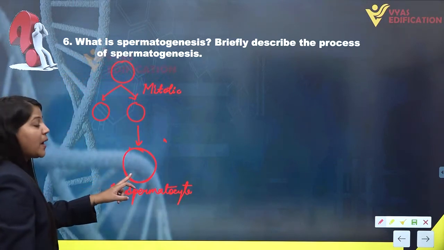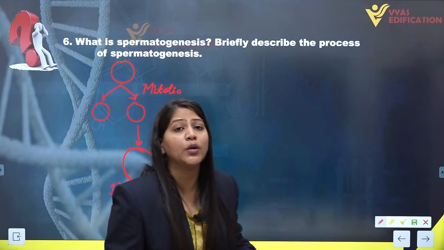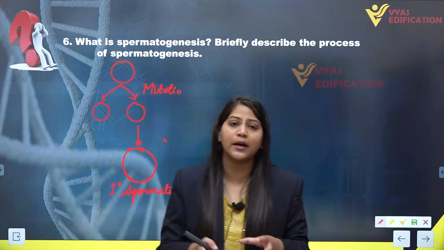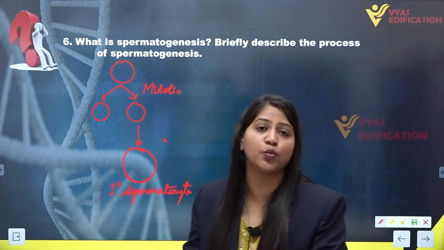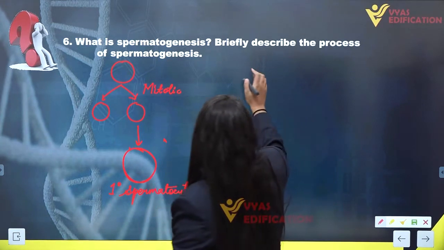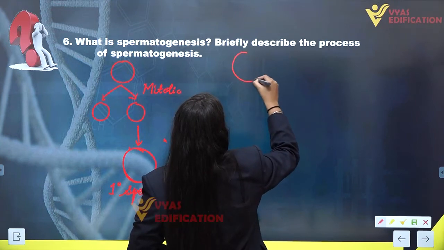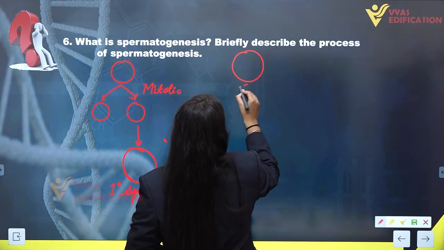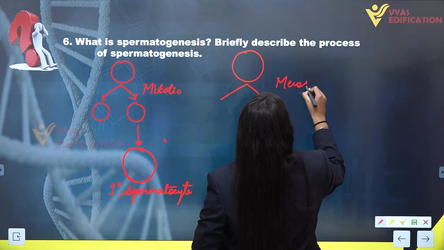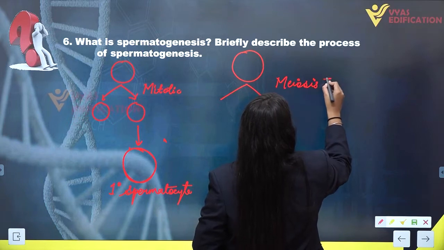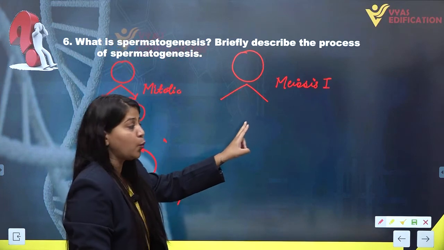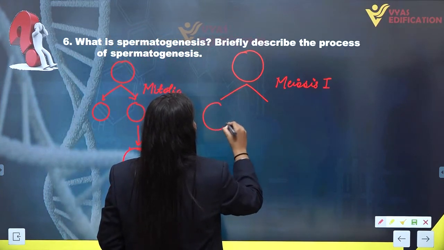Now, this primary spermatocyte will undergo meiotic division, and as we know, meiotic division occurs in two phases, meiosis 1 and meiosis 2. First of all, this primary spermatocyte is undergoing the first meiotic division, that is meiosis 1, and producing two cells.